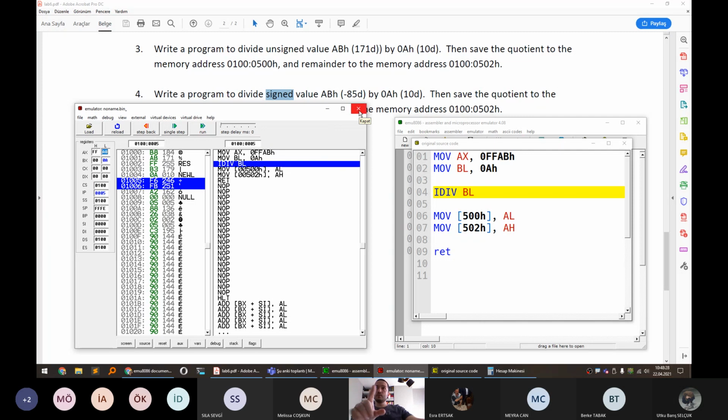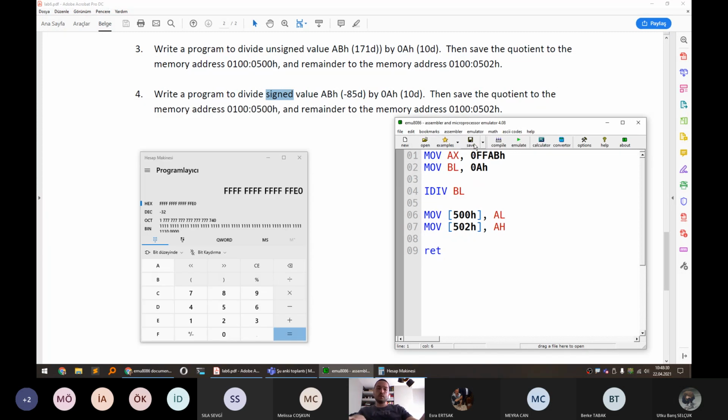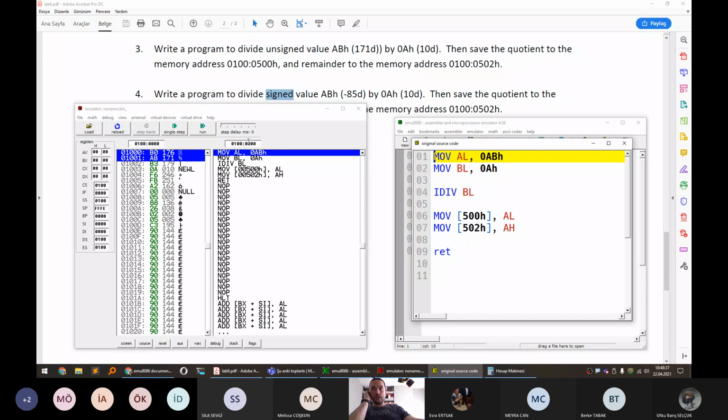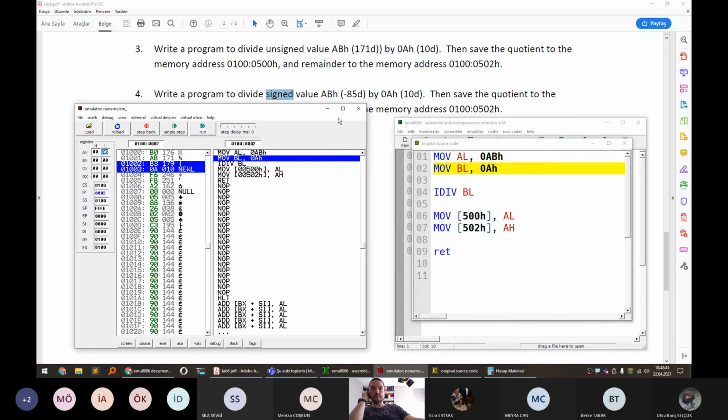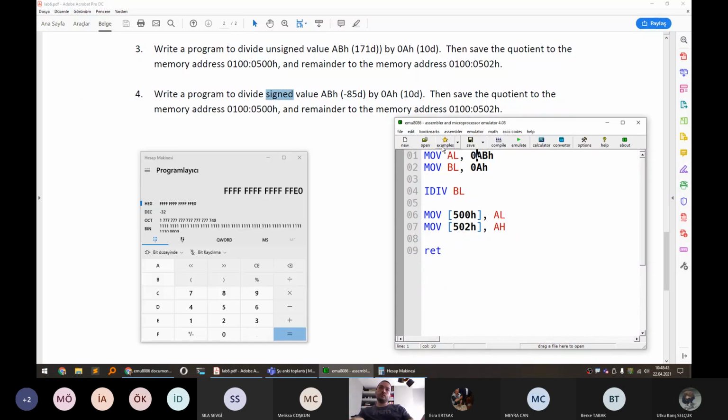Or can I only use this way? When I put AB in AL and look for the AX value, no, I can't. So the correct usage is this.